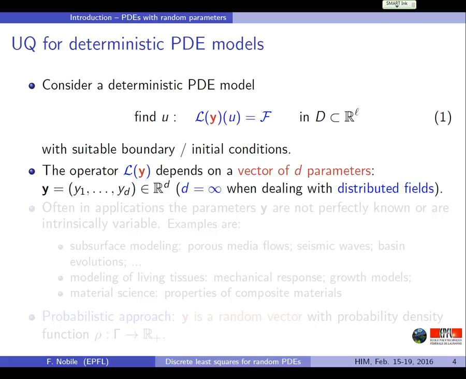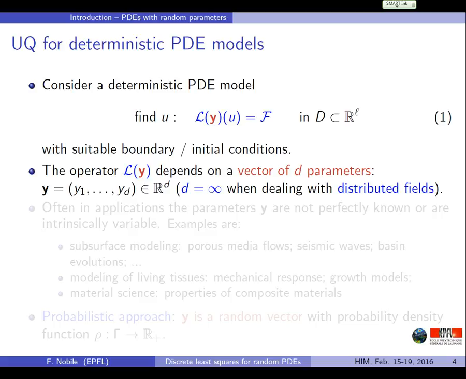Or there are other situations where maybe you want to describe some inhomogeneities in the medium. Could be some spatial inhomogeneity or temporal inhomogeneity in the forcing term. And in this case, you could describe those objects by random fields. These are infinite dimensional objects.